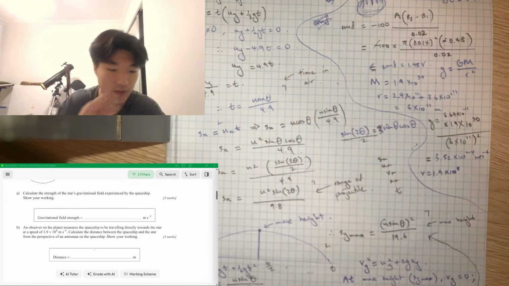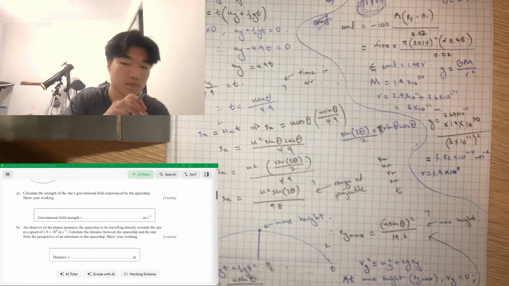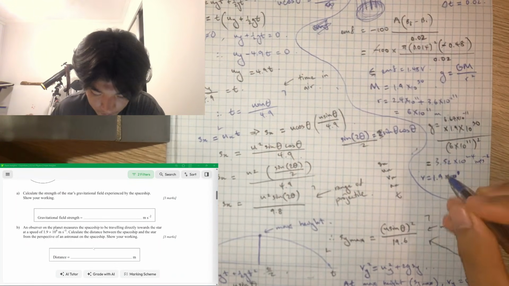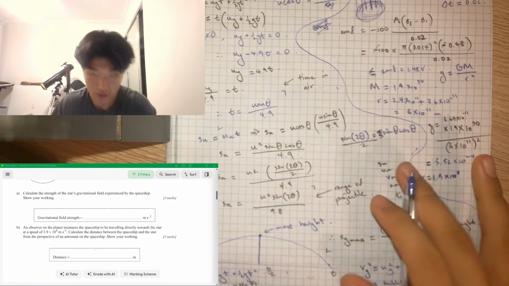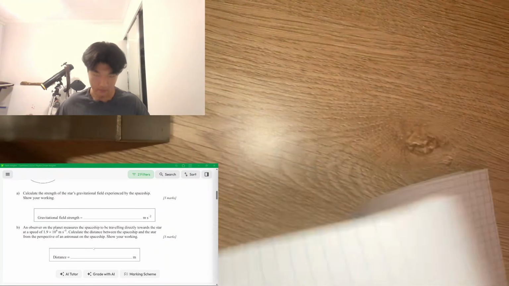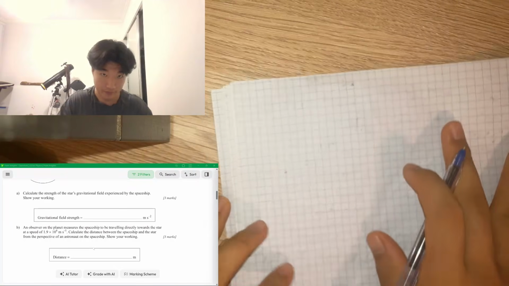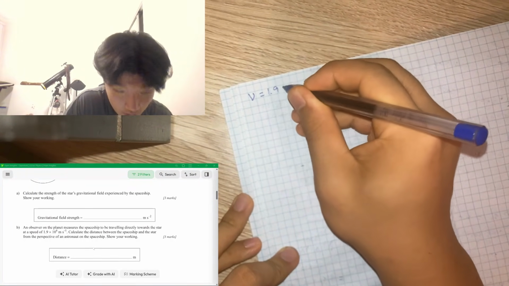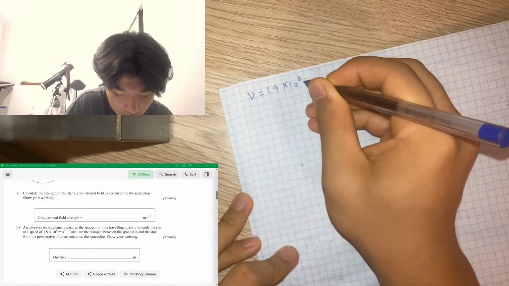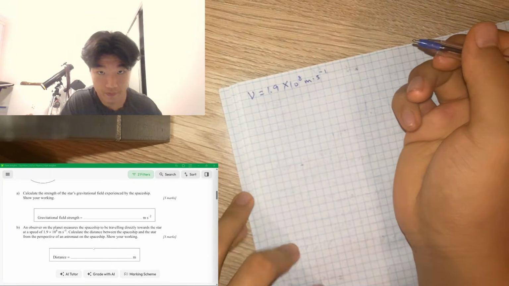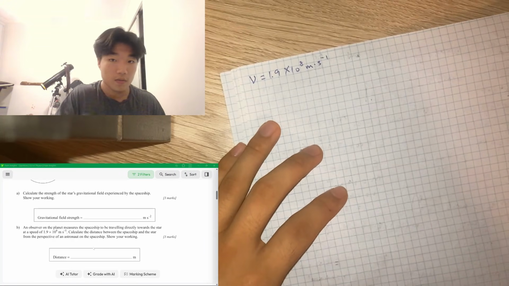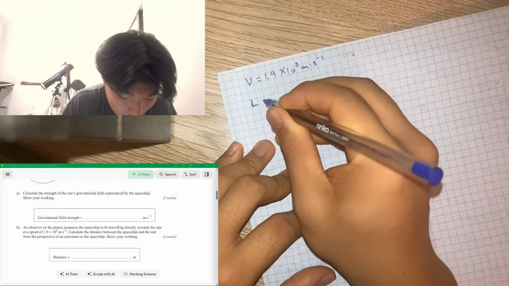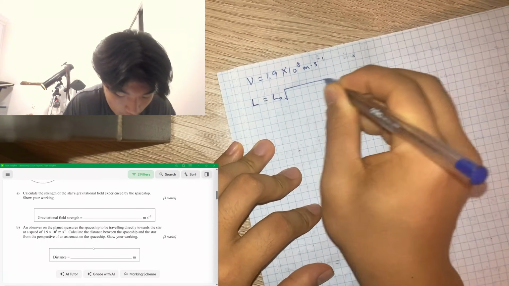So I've written the value down here. Okay, so I'll go to the next page. The velocity was 1.9 times 10 to the 8 meters per second. Okay. Dilated length equals contracted length.